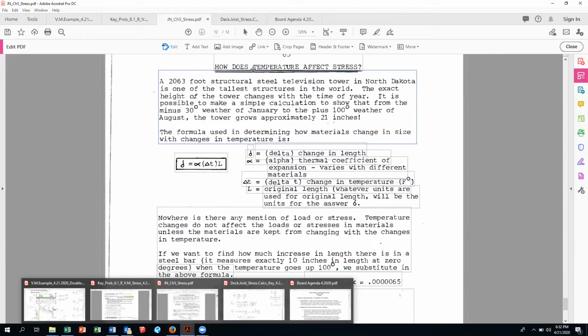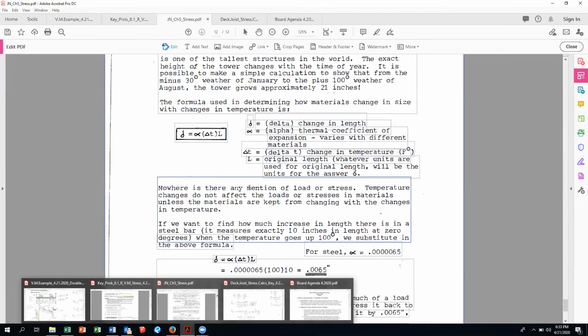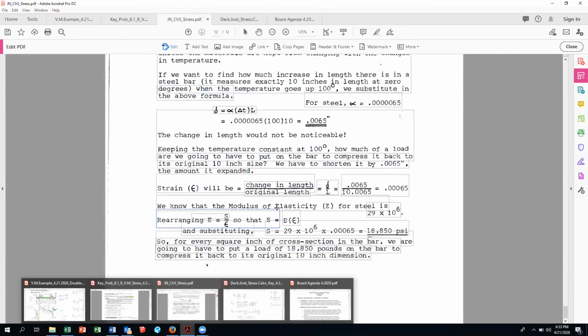In other words, how does temperature affect stress? So there will be a change in length based on a thermal coefficient of expansion, which varies with different materials, the change in temperature, and the original length. So you might want to study that one, if you know what I mean. Okay, and JN goes through and does an example. So take a look at those 2 pages, and that'll help you for the test as well.